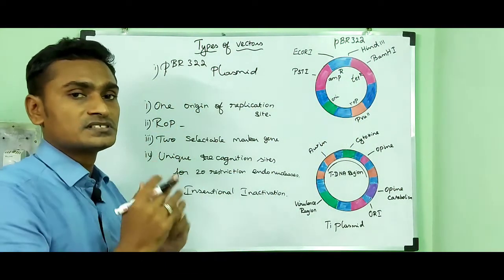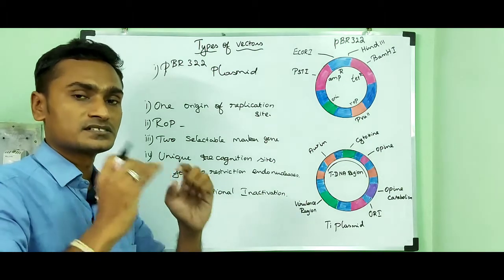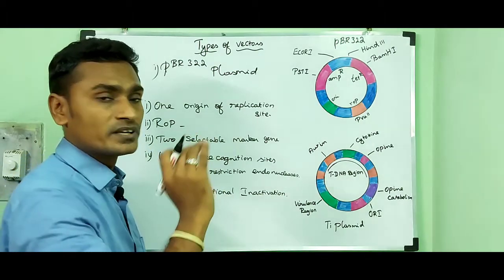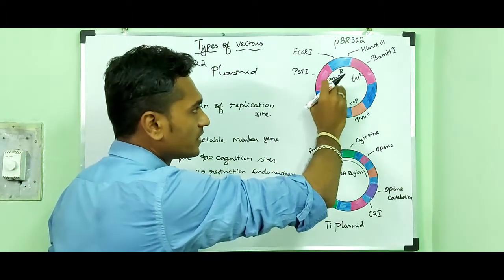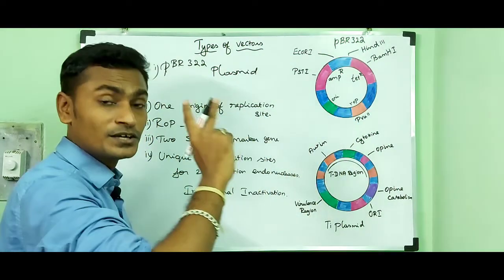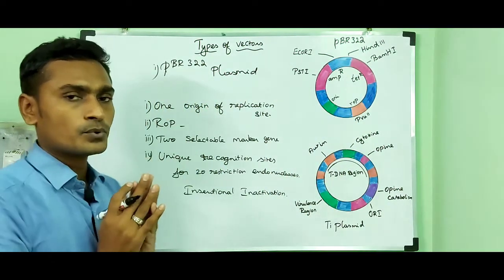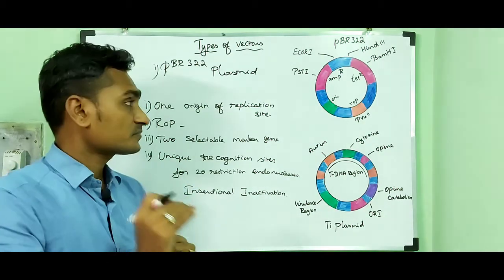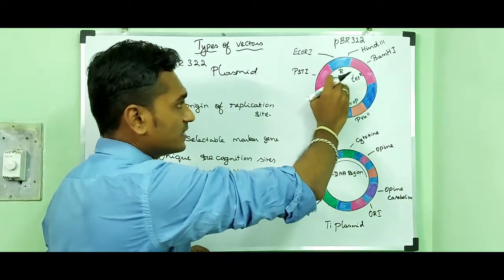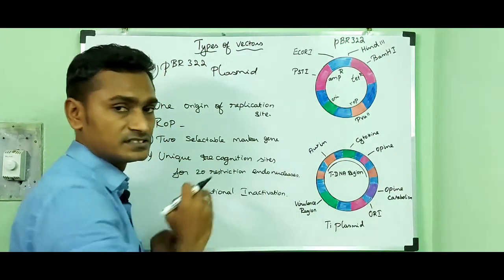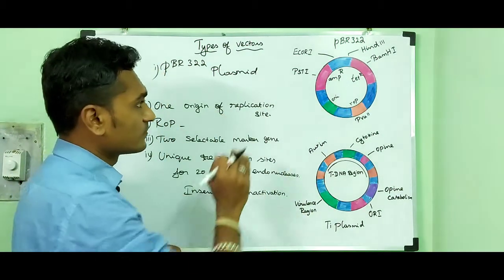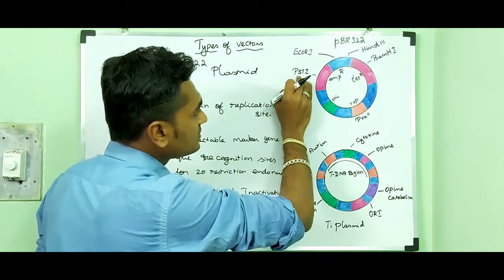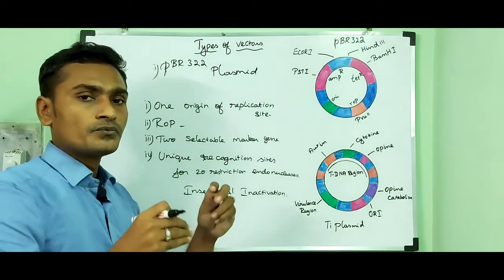These two antibiotic resistant genes contain cloning sites. Suppose we insert a gene of interest in the ampicillin resistant gene, because it contains a cloning site, for example PST1.